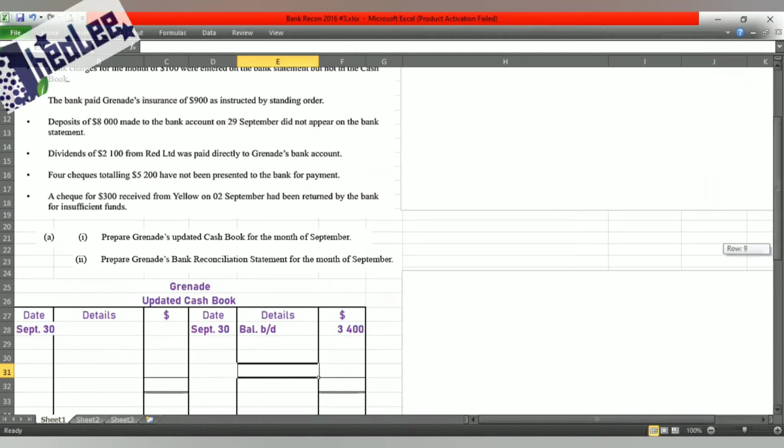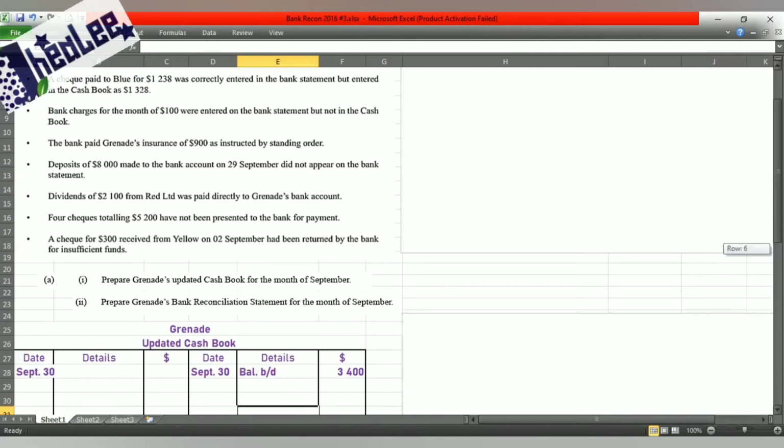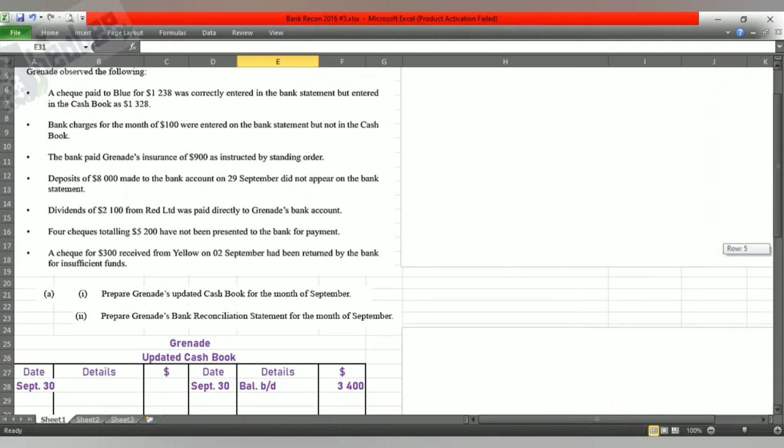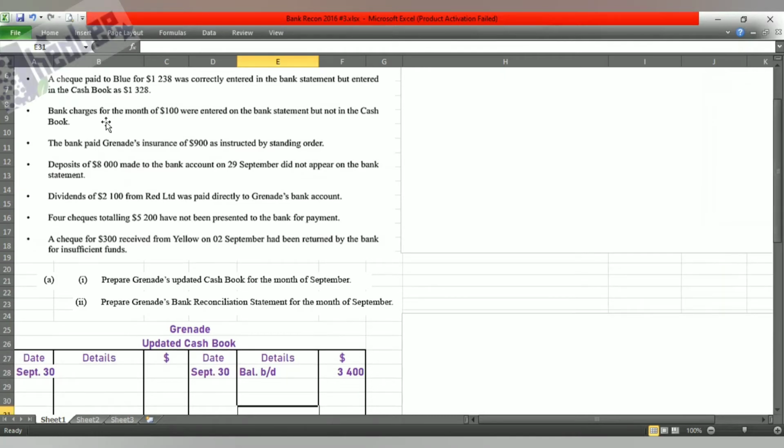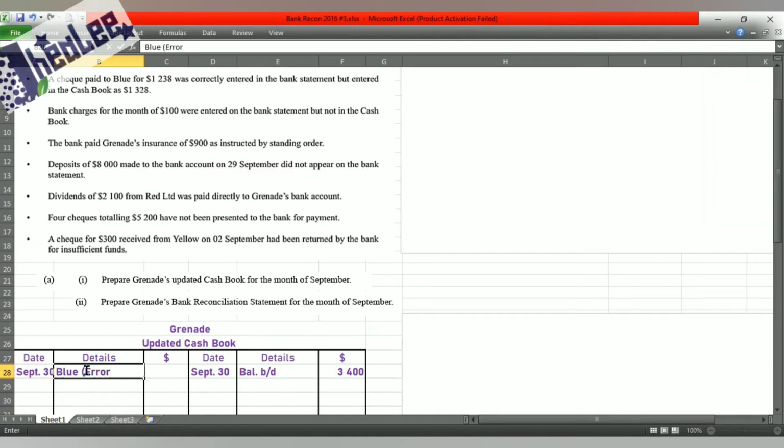Other information for the updated cash book: once you put in your opening balance, you're going to pick up those things that affect the cash book. And the very first thing is the error. So that is blue, and in brackets you can represent error, and the amount there is $90.